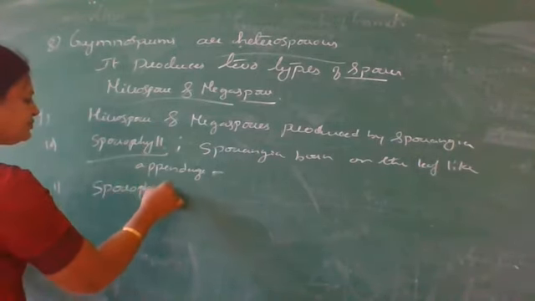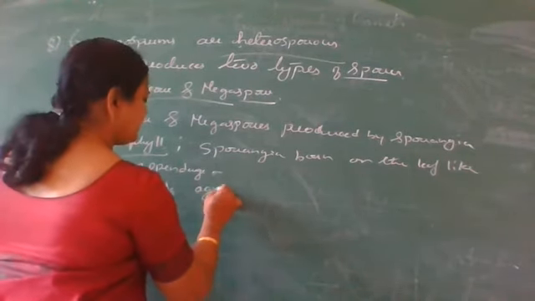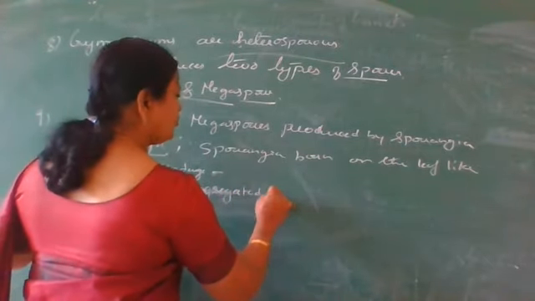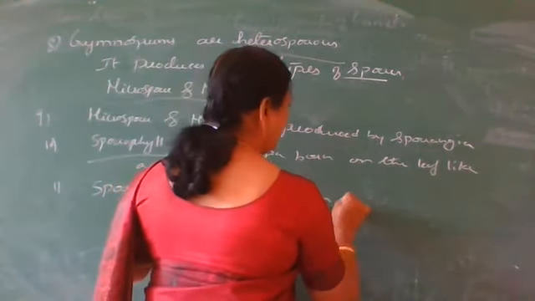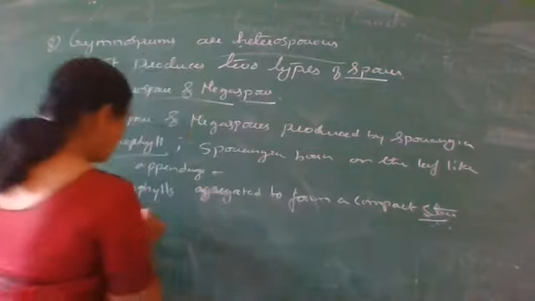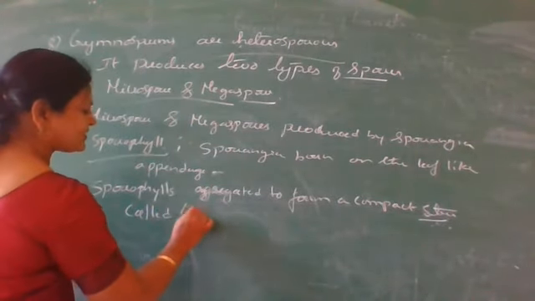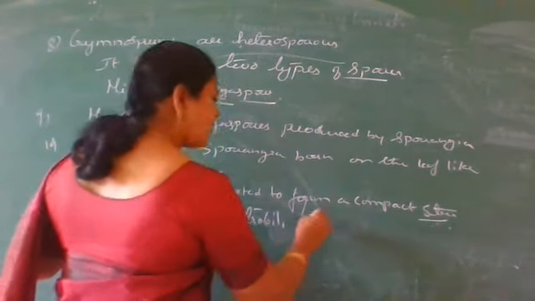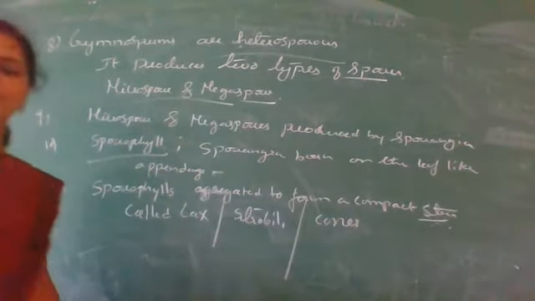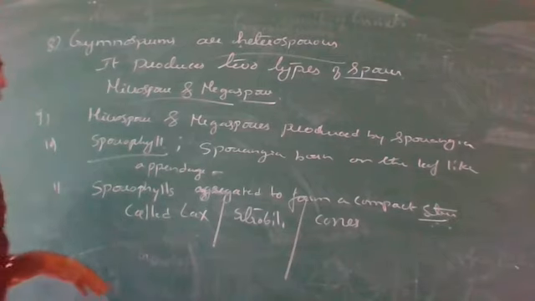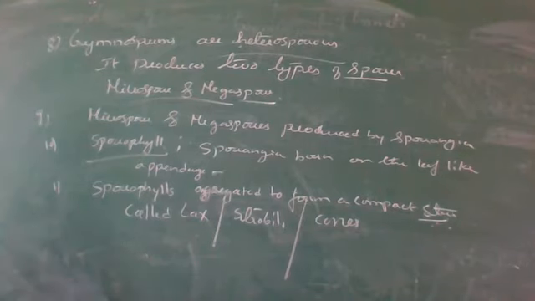Sporophylls aggregated to form a compact structure called strobilus or cones.